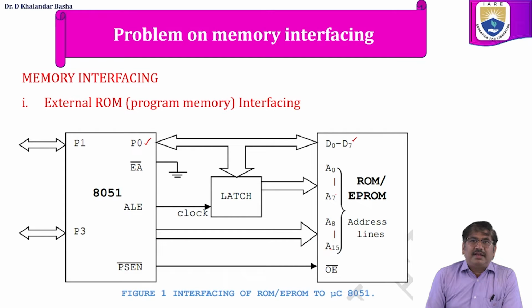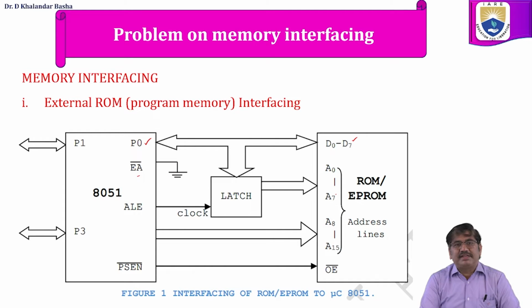As it is an external program memory, in this memory block the output enable OE bar is connected to the PSEN bar signal of the 8051 microcontroller, which is program store enable. Next, for accessing the external memory, the EA signal is active low, so we will connect it to ground whenever we want to access the external memory.